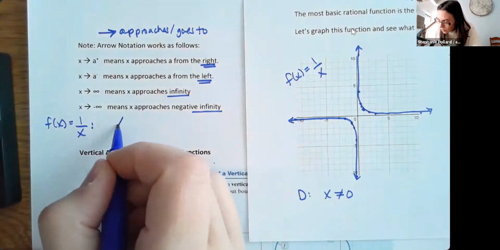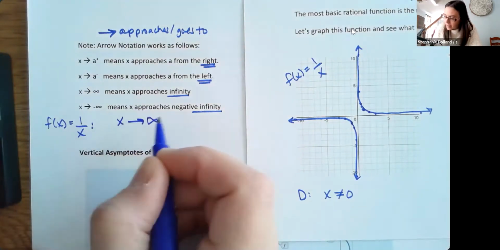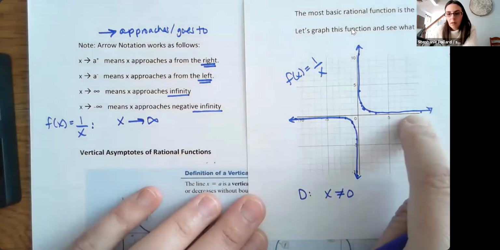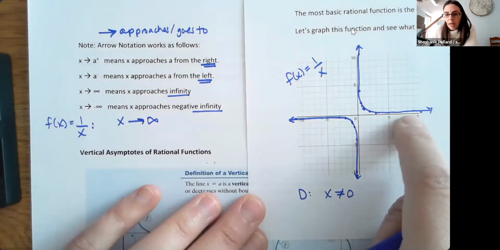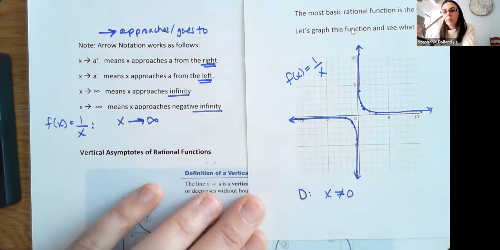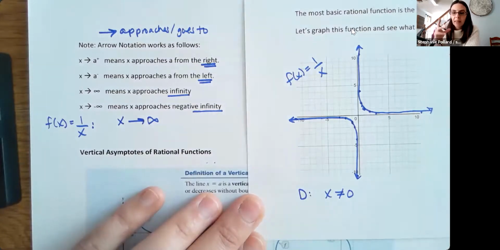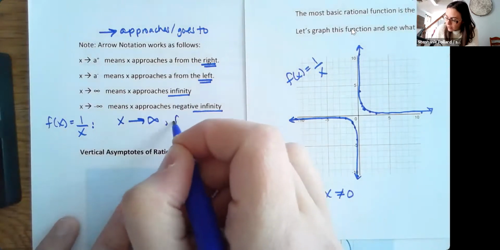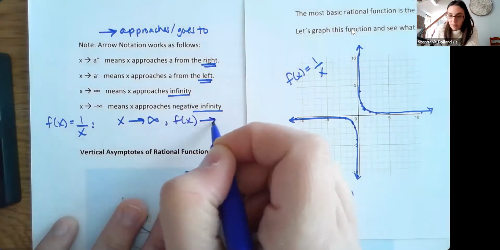So as x goes to infinity, as x gets bigger and bigger and bigger, what's happening here? Well, the graph is flattening out, but it's getting closer and closer to y equals 0. If you think about plugging in that 10 value, we had 1/10. So you're getting closer to 0, but you're not actually going to touch it. So as x goes to infinity, f of x is going towards 0.